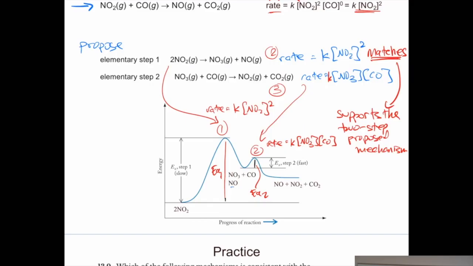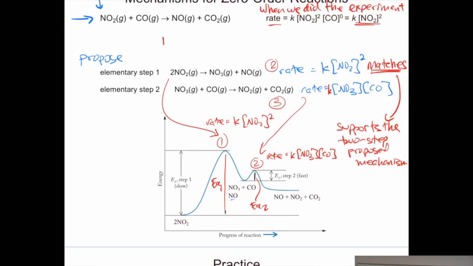Step 1, right? Which has the slower rate? Step 1. Remember, the rate constant, K, in the Arrhenius equation, is equal to the frequency factor times e to the power of negative activation energy divided by RT.